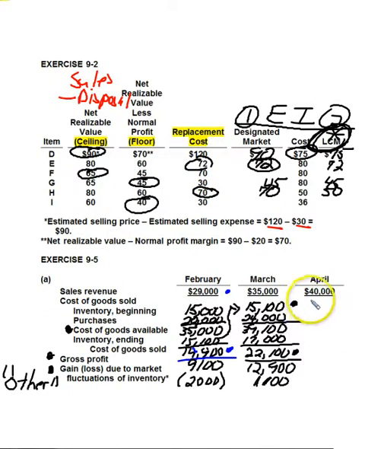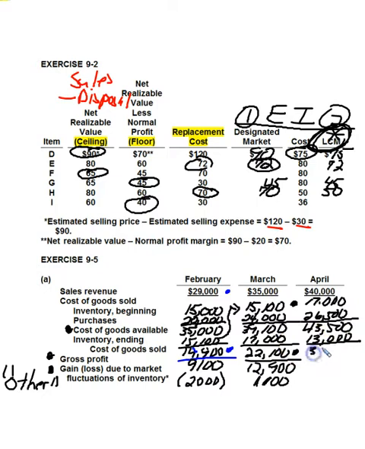So we have sales of $40,000. Again, last month's ending is this month's beginning, so $17,000. And then we had purchases, 26,500, for goods available for sale, 43,500. We can subtract our ending inventory of 13,000 to give us cost of goods sold of 30,500.